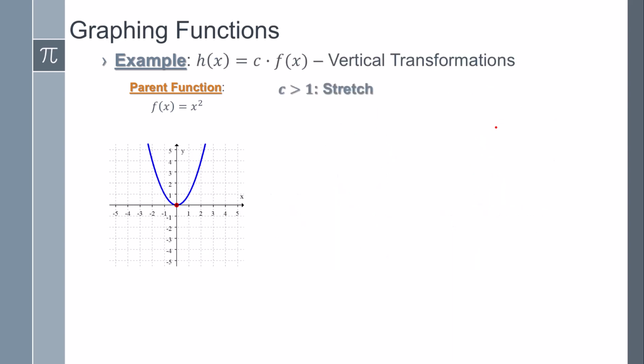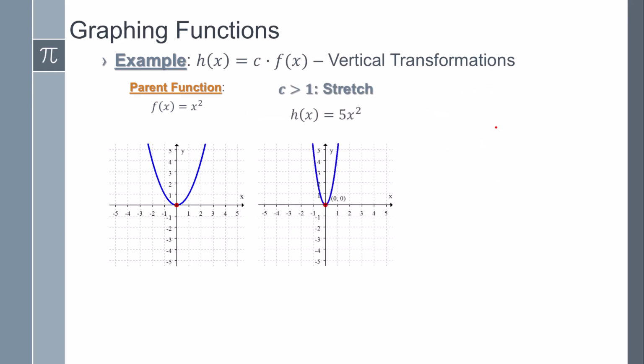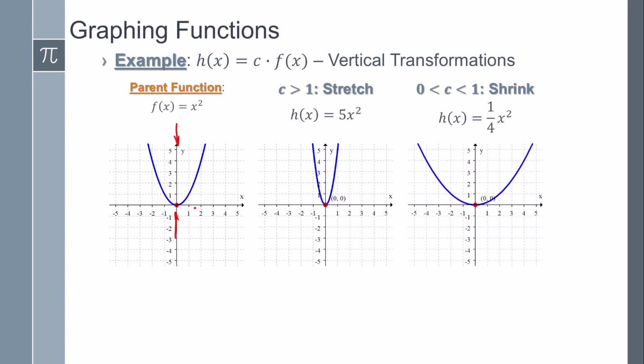If I wanted to look at one where it's greater than 1, like 5x, it's going to stretch vertically. And if it's between 0 and 1, imagine you're pushing down. If that was a rubber band and you push down on it, it's going to widen a little bit. Vertical.